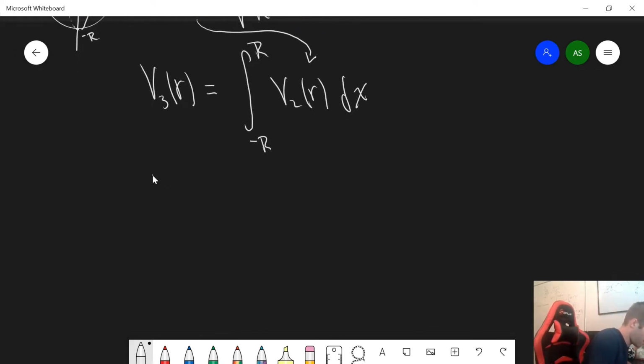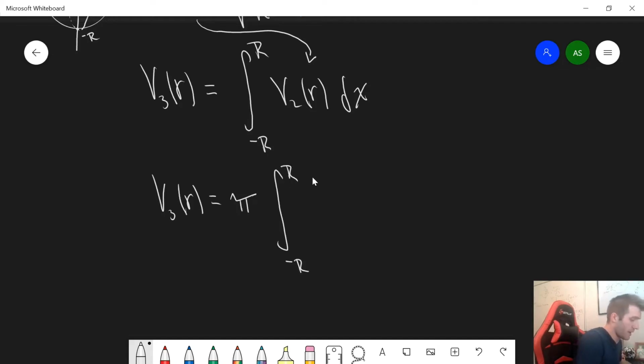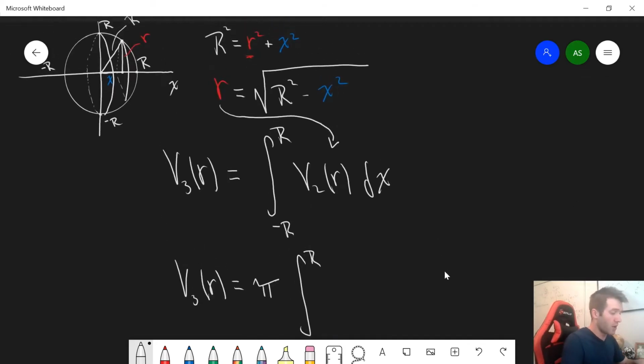So we have V3 as a function of R equal to, well, we can pull pi out right away. So we're going to have pi, and then we're going to integrate from negative R to R. And then we are going to have r squared that we're substituting this r in for.